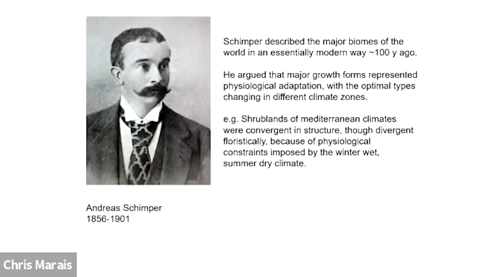And he argued that the reason why the dominant growth forms within biomes changed was because of physiological adaptation. Each environment produced different challenges, and to confront those challenges, plants had different physiologies and different growth forms. So when you went to a particular climate and you saw a biome, what you were seeing there was a physiological optimum for that environment.